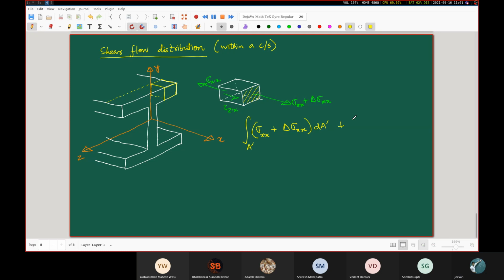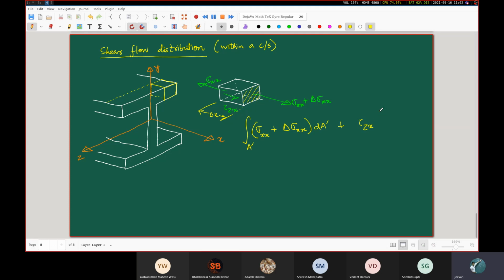So we write the contribution to the force along the x direction from this tau zx by noting that this distance here is delta x.